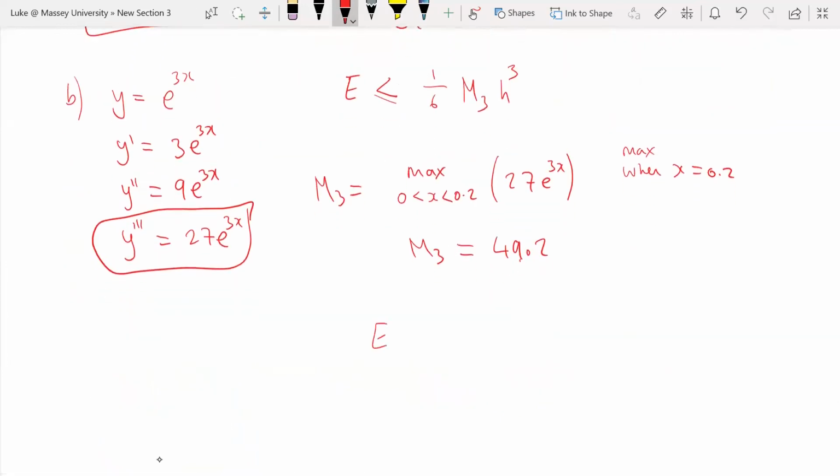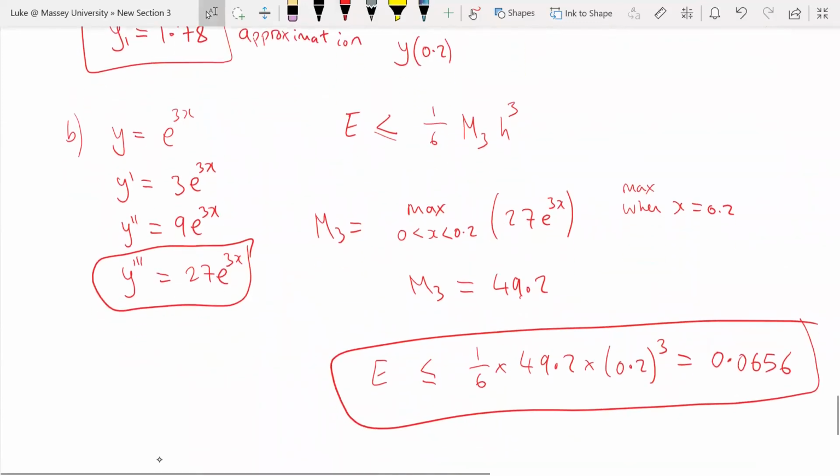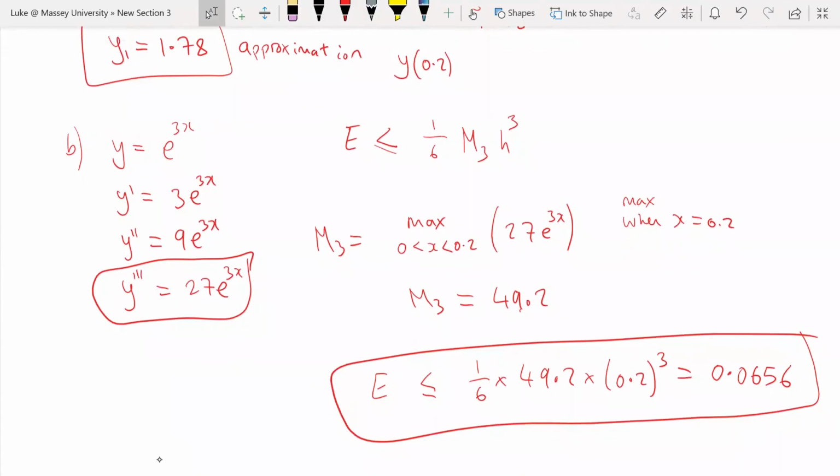So the error is going to be less than or equal to 1/6 times 49.2 times 0.2 cubed. Again, I don't know how to do that in my head, so please use a calculator. Please bring a calculator to test 3. When I put that in my calculator, I get that the truncation error is less than or equal to 0.0656. So my solution was 1.78, and the error in that is less than or equal to 0.06.